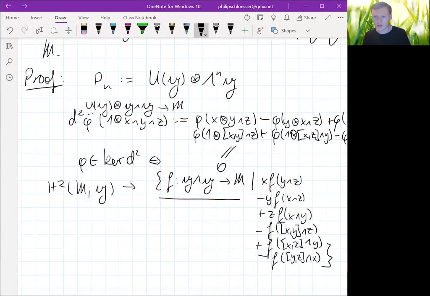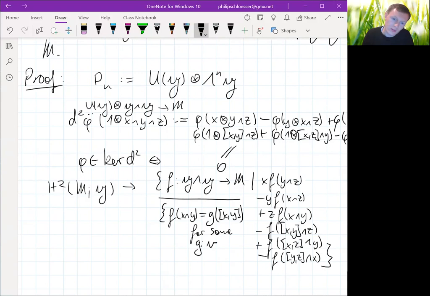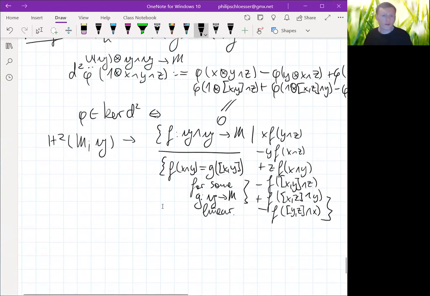All divided by those functions that look like f of x wedge y is equal to g of the Lie bracket of x and y for some linear g from the Lie algebra G to M. And well, what does this map do?